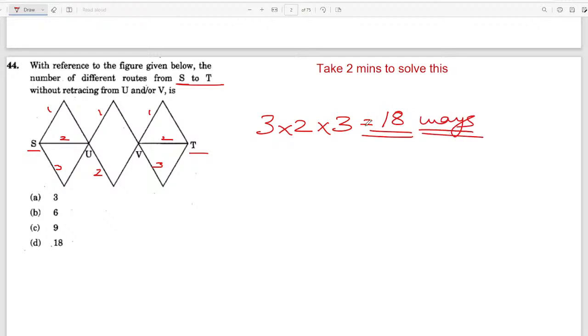I hope this is clear. For people who have got option B, if you have any doubts, please let me know. The correct answer is option D, 18. So from S to U, there are three ways. This is from S to U, and this is U to V, and this is V to T. Then you multiply this.